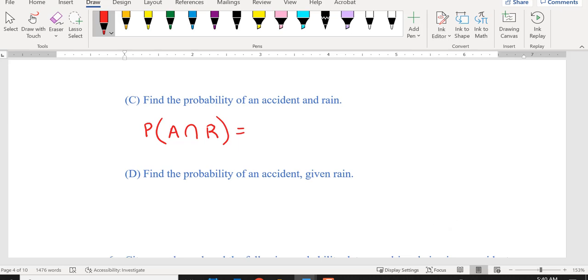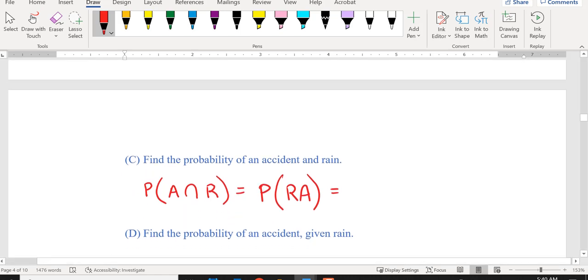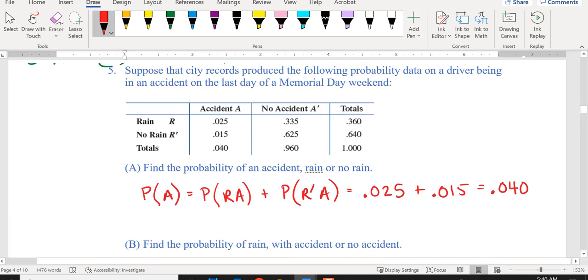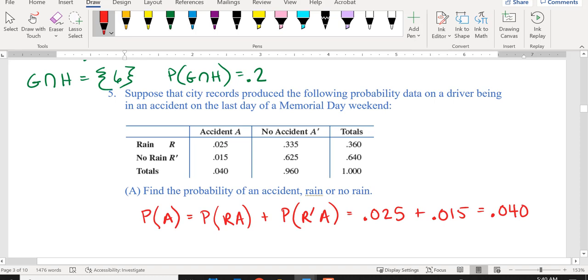I'm wanting to find rain and accident. So the probability of the rain and the accident is this event. And we've already been talking about that. Rain and the accident was here at 0.025.